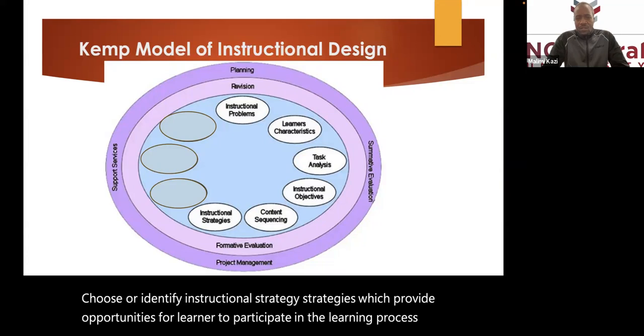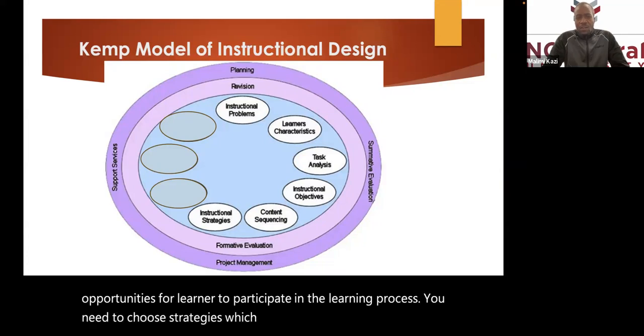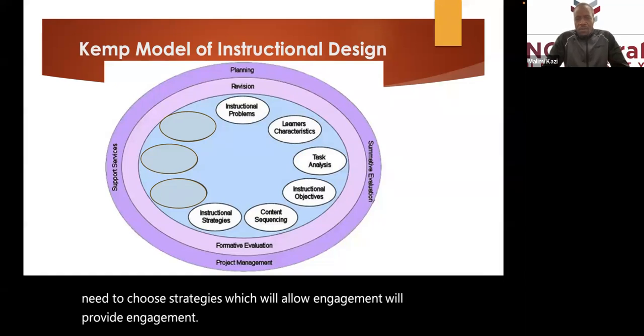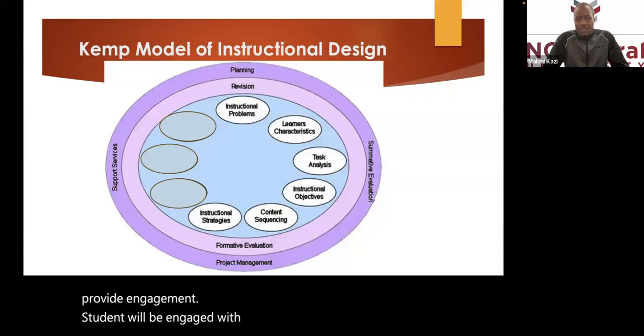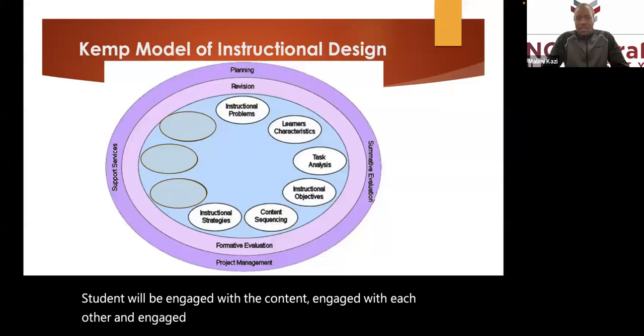You need to choose strategies which will provide engagement. Students will be engaged with the content, engaged with each other, and engaged with the teacher as well.